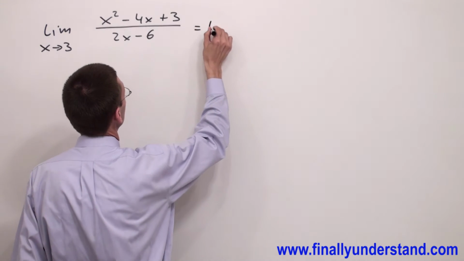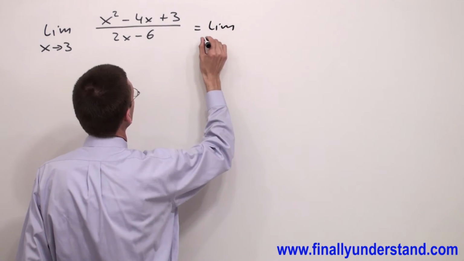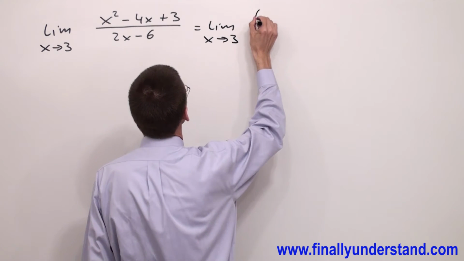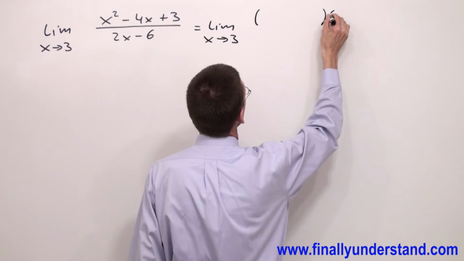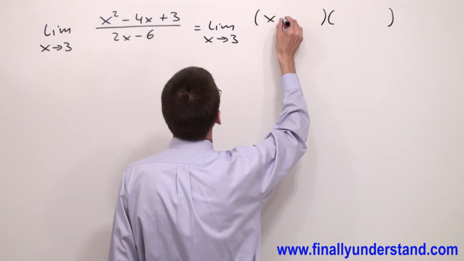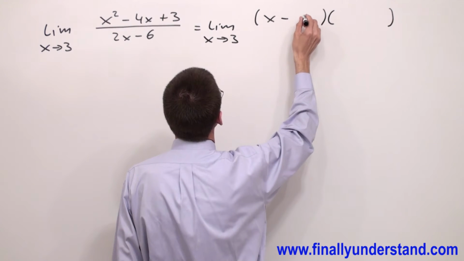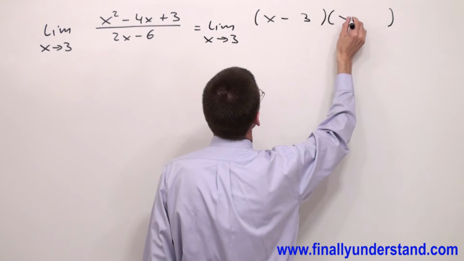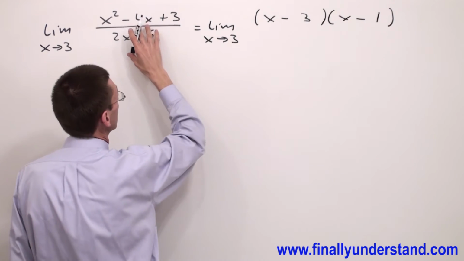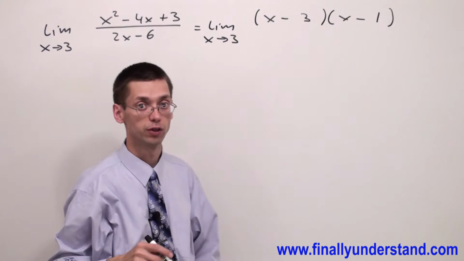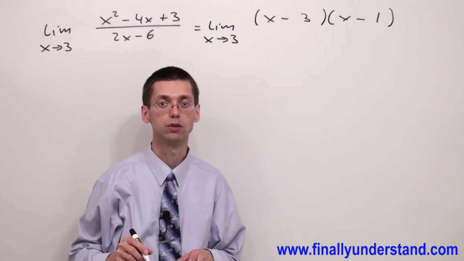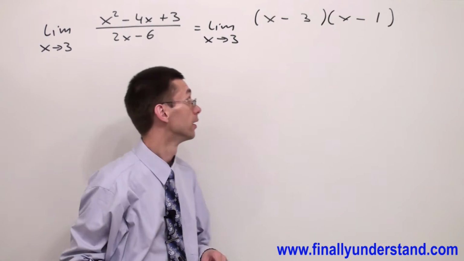I have limit with x approaching 3, and in the numerator I'm going to have x minus 3, x minus 1. I can factorize this polynomial. Again, if you have difficulties with factorizing and you don't understand what I'm doing, you're supposed to review algebra factoring.